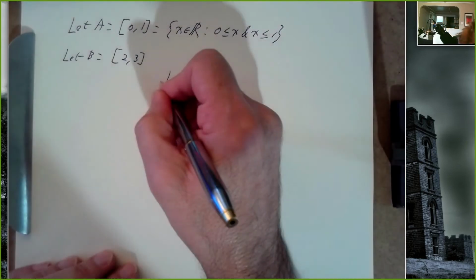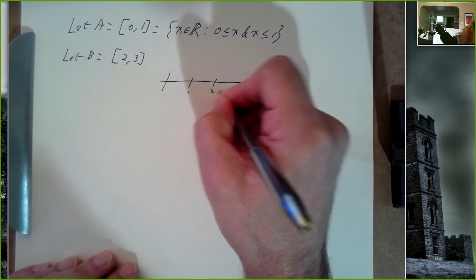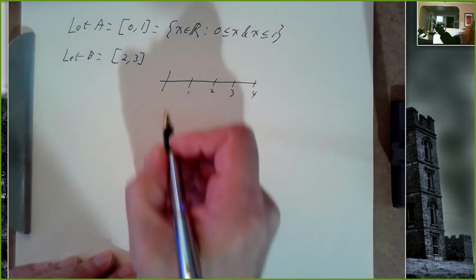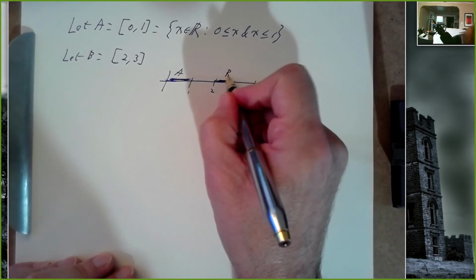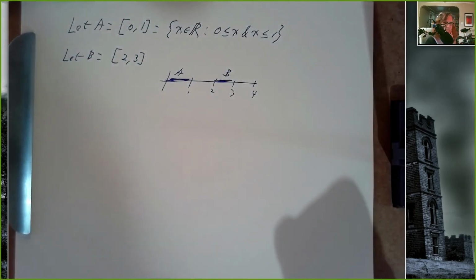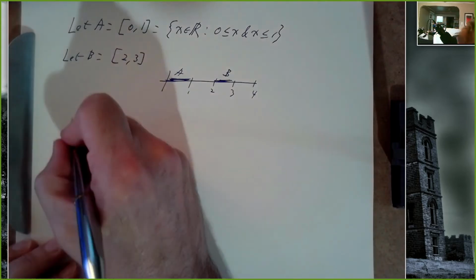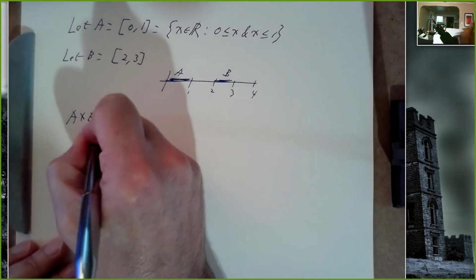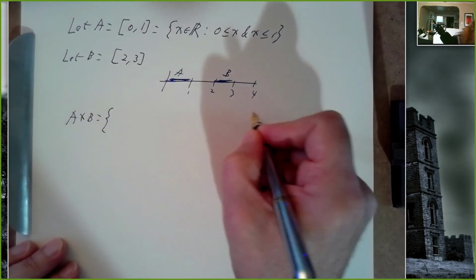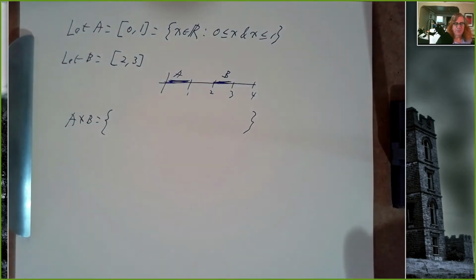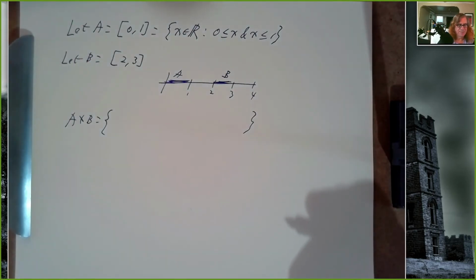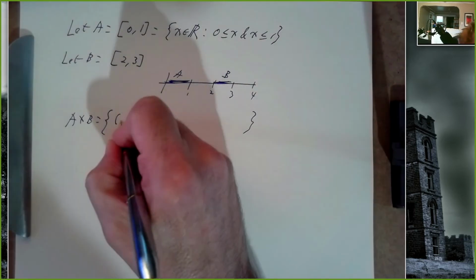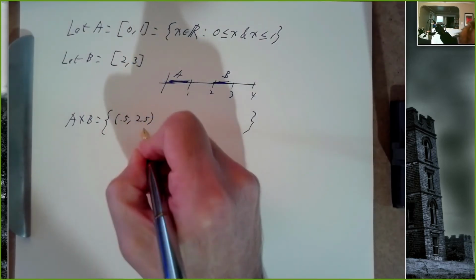So if I draw a good old number line, this is my interval A, this is my interval B. If I take the Cartesian product, I'm going to get a set of ordered pairs, where the first element comes from A and the second element comes from B. So for example, I could have the number 0.5, comma 2.5, right?